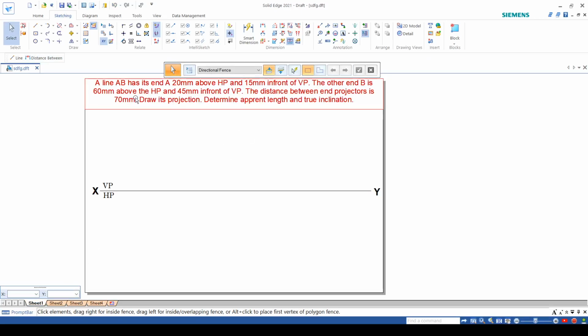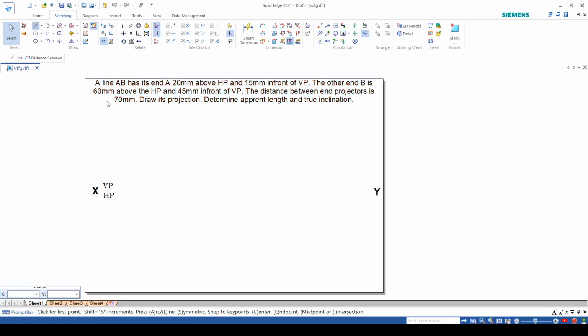The line has its end A. First of all we have to make end A. To make end A we just draw a straight line, and this works as our end A in both the planes.